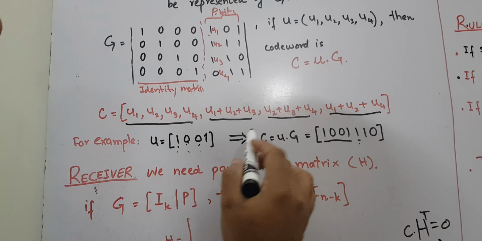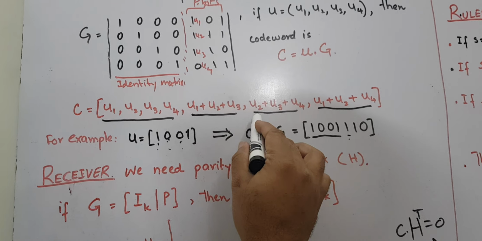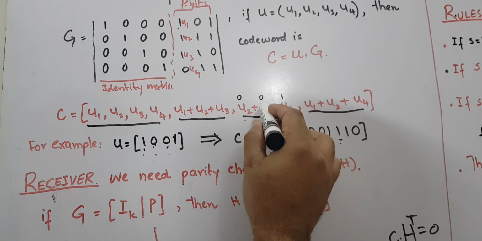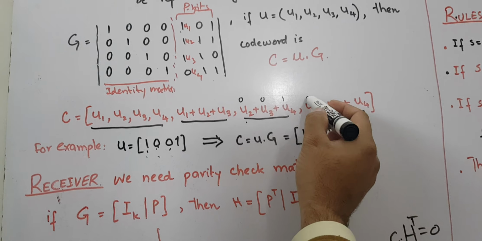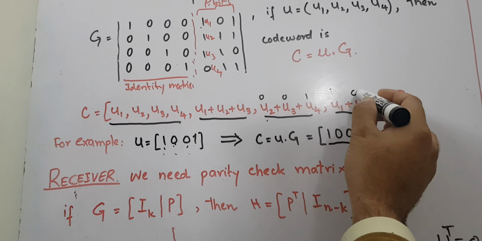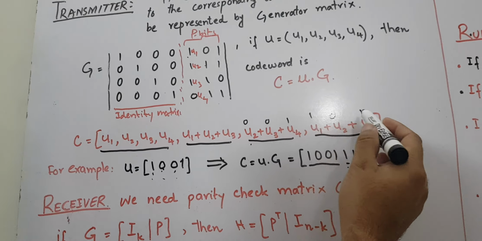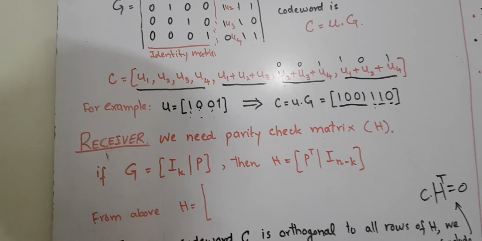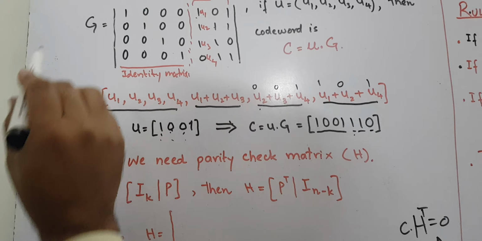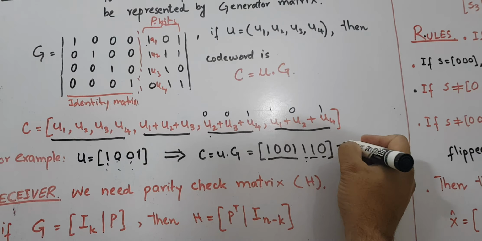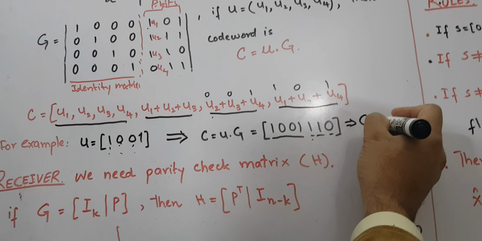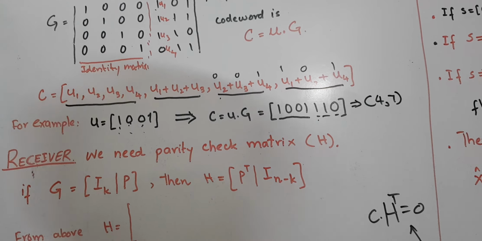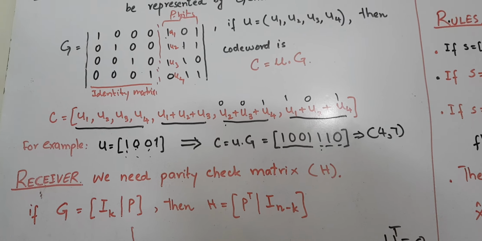Then 0 plus 0 plus 1, the answer is 1. Then 1 plus 0 plus 1, the answer is 0. So this is the code word that you get after multiplying by the generator matrix, and you can write this code in this format: (7, 4), where 4 is the length of the message bits and 7 is the length of the code word bits.